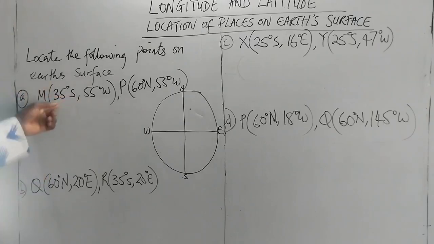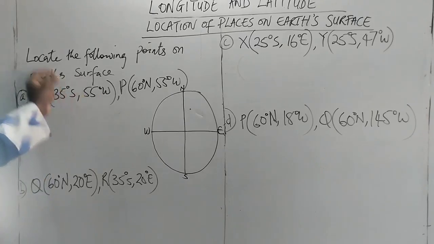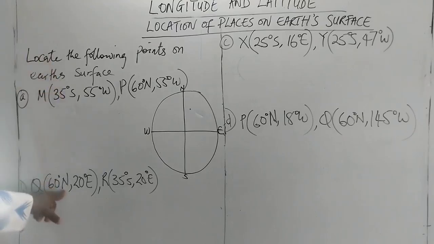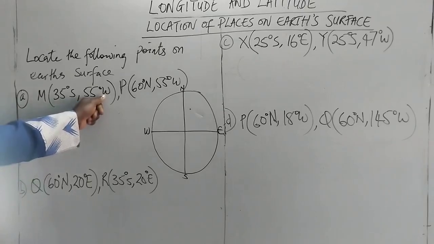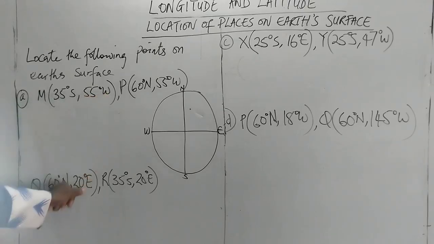Even when it is not written latitude 35, longitude 55, and it's written like this, 35 degrees south, once you see south or north, you are talking about latitude. That angle is for latitude. But if you see west or east, it talks about longitude.